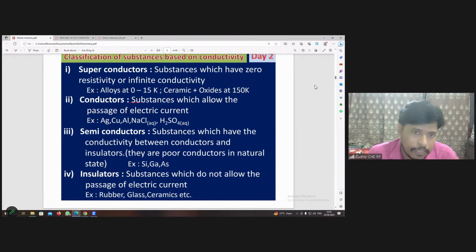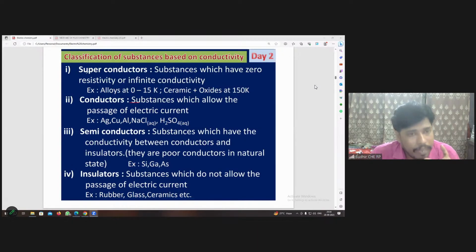Based on this conduction property, as you are seeing on the slide on the screen, there are 4 different types of substances we can observe in nature. The very first one is superconductors, the second one is conductors, the third one is semiconductors, and the fourth and last one is insulators.